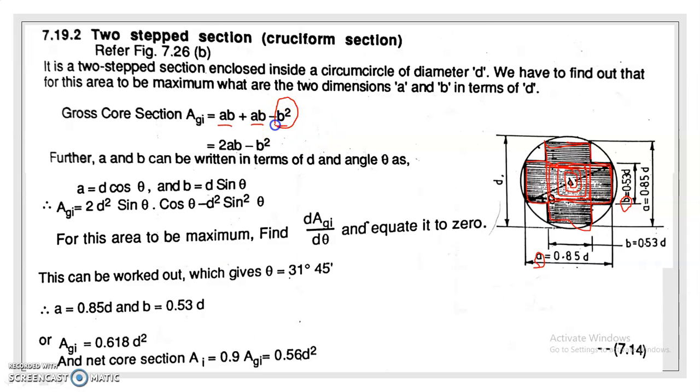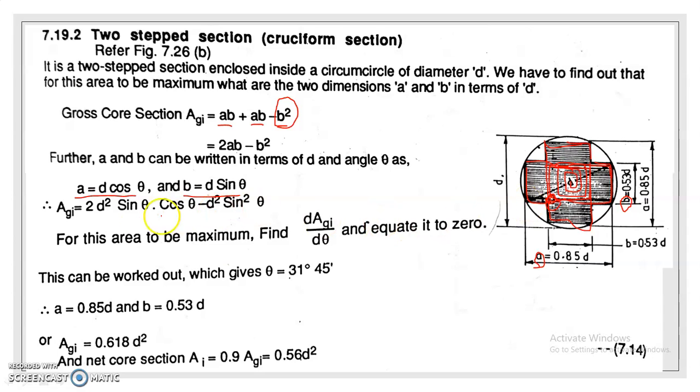Just subtract this, so we will get AGI is equal to 2 into ab minus b square. And we can also relate a and d, and b and d, by trigonometry. a is nothing but d into cos theta and b is nothing but d into sin theta. Theta is indicated here.